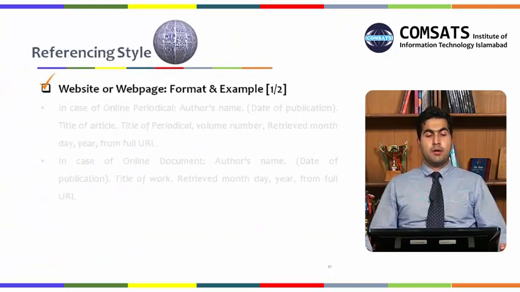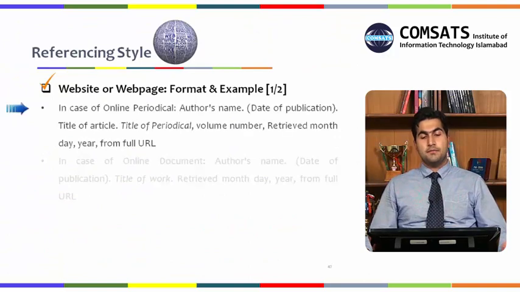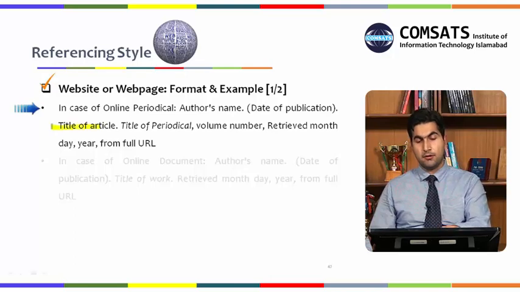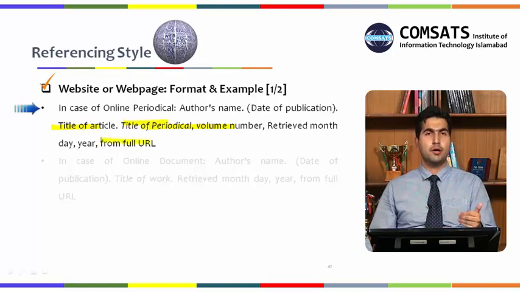In case of a website or a web page, these are the things which have to be formatted in this order. Once again, starting with the author's name, date of publication, title of the article, title of periodical, volume number, and the month in which it was retrieved, the year, and a full URL, the basic link from which you have tried to access the information.